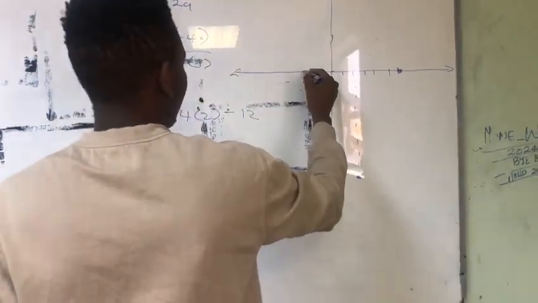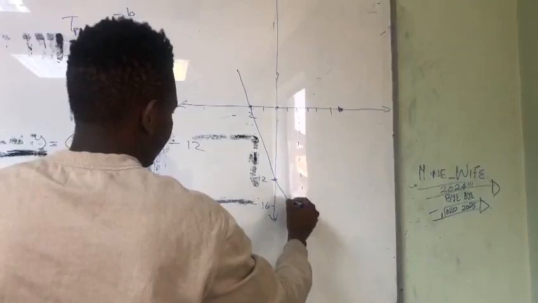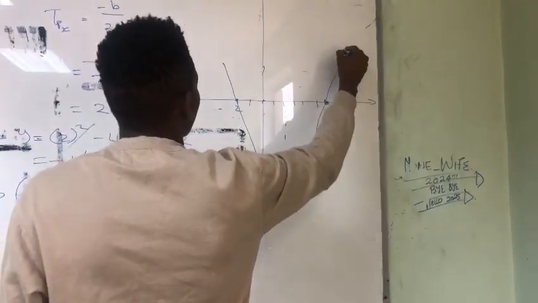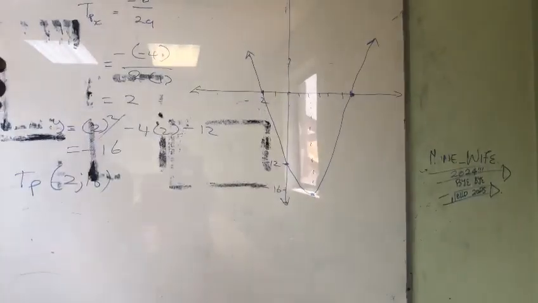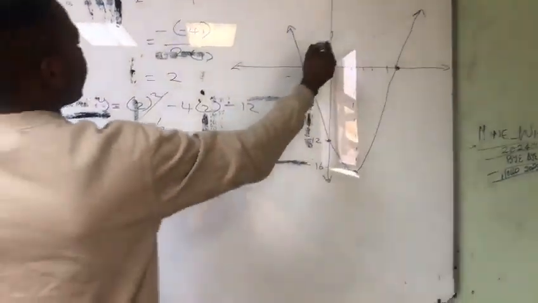Our graph will be like this, concave up. Right, people, this is our parabolic graph. Thank you.